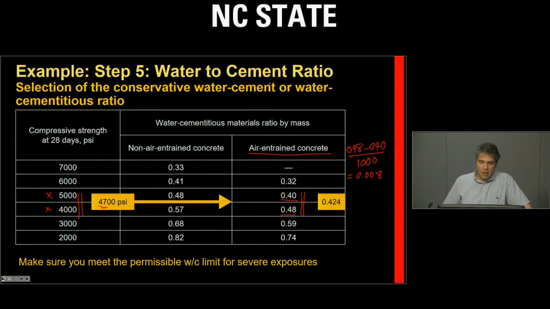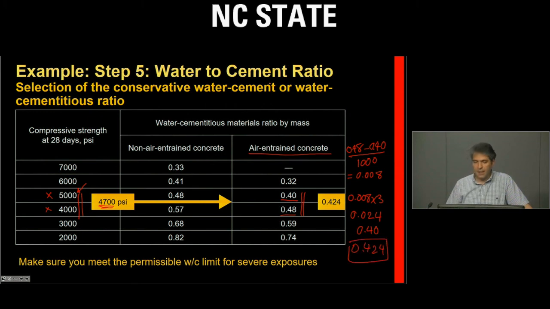So you can see that this 4,700 is a 300 psi change from 5,000, and if I multiply this times 3, I will get 0.24, and if I add that to 0.4, I will end up with 0.424.